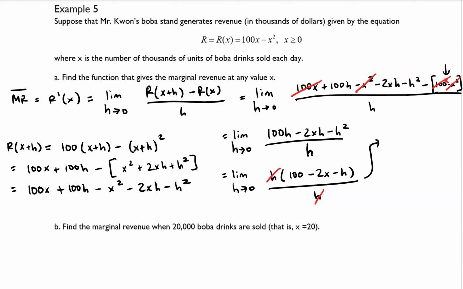So then that equals the limit as h approaches 0 of 100 minus 2x minus h. And if you substitute 0 for h, that just ends up equaling 100 minus 2x. So our marginal revenue function, or r prime of x, is equal to 100 minus 2x.